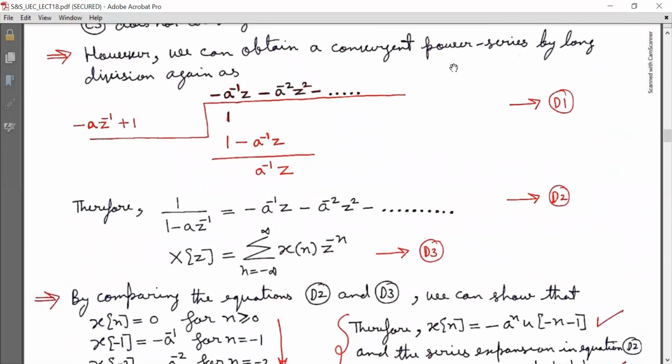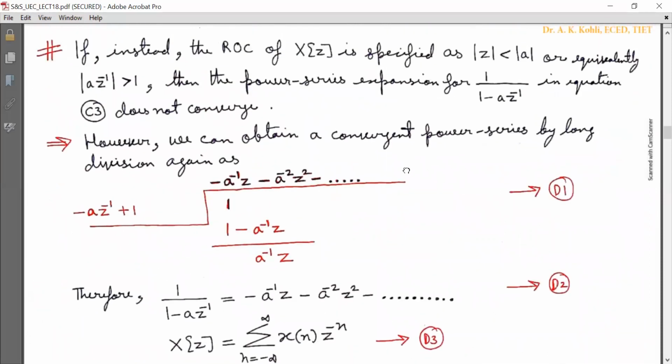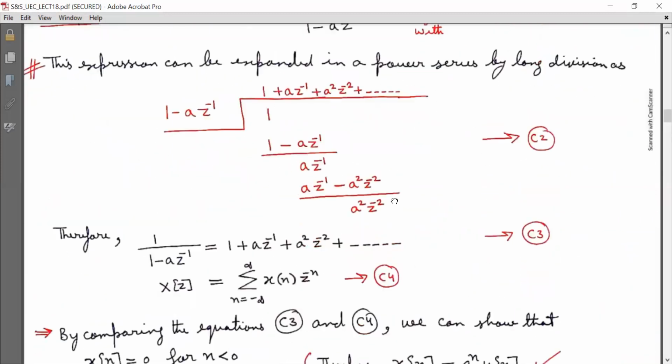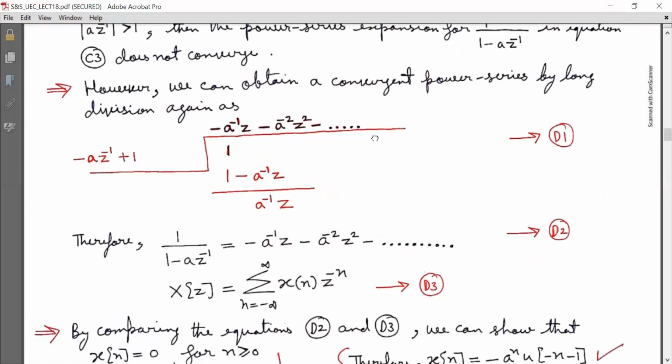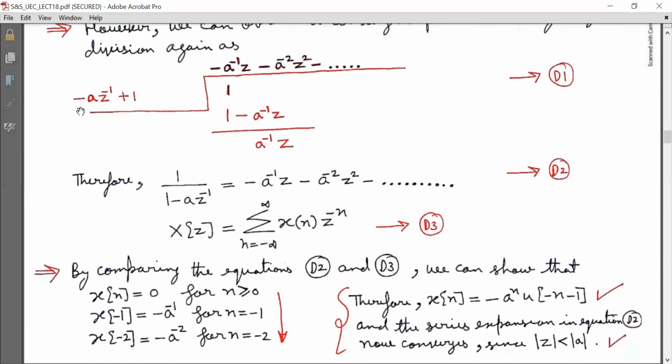However, we can obtain a convergent power series by long division again. Now here the expression is X(z) equal to 1 by 1 minus a z inverse. Now we will write 1 minus a z inverse in a particular pattern like this. I will write it as minus a z inverse plus 1 and divide 1 by minus a z inverse plus 1.